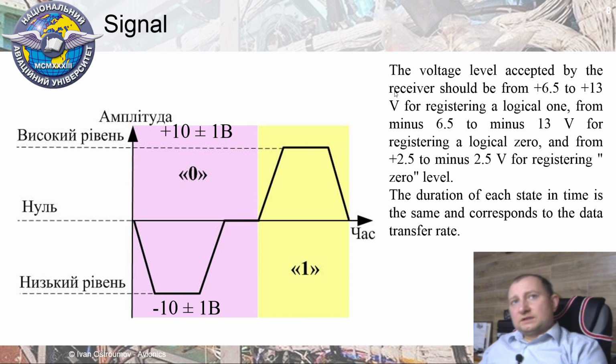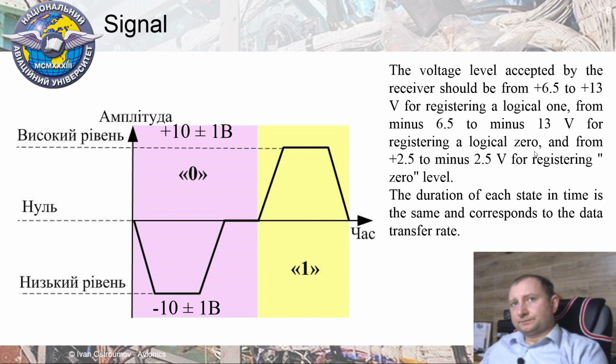Thus, at the receiver side, the detector uses a voltage level from plus 6.5 volts up to plus 13 volts to identify logical 1, and from minus 6.5 to minus 13 volts for receiving logical 0.